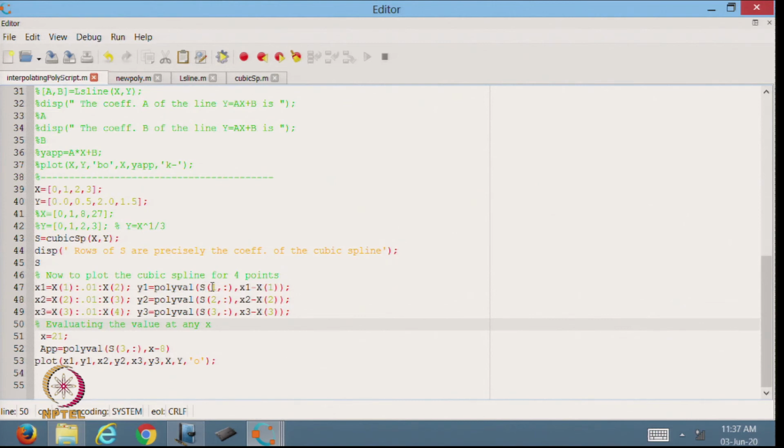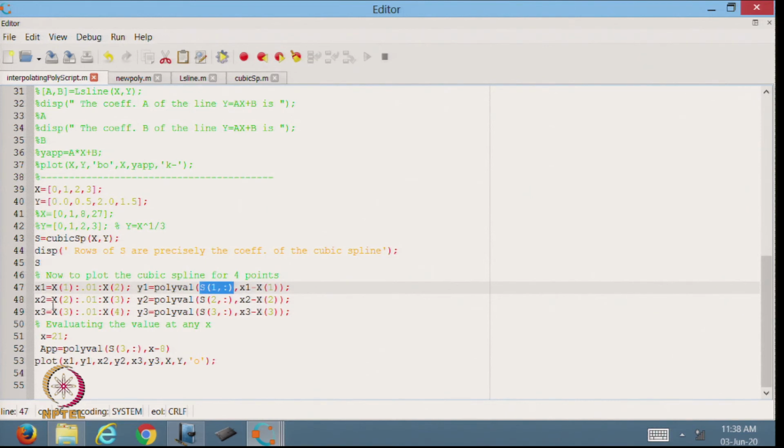So, I am taking the first row and all the columns, and I am finding these values at each x1. Whatever the value of x1 minus x1, because the coefficient will be x minus xk, in each of the interval. So, x1 is 0, that is why I am getting this value.